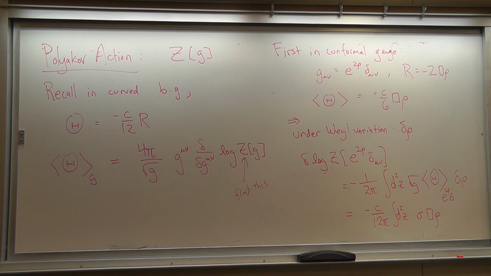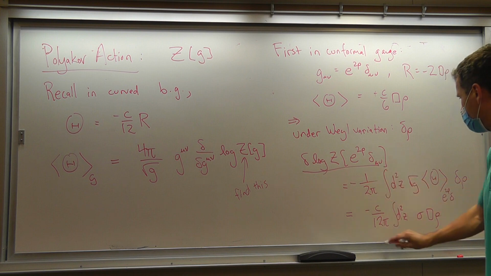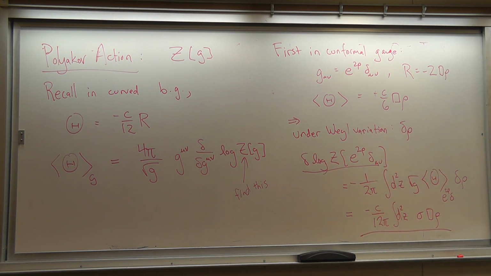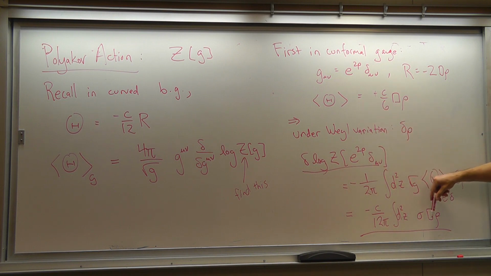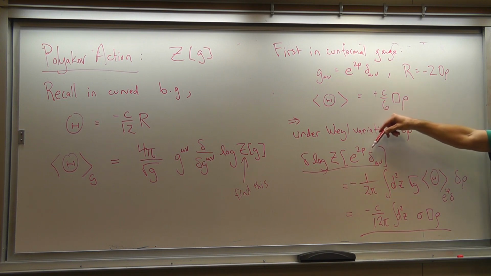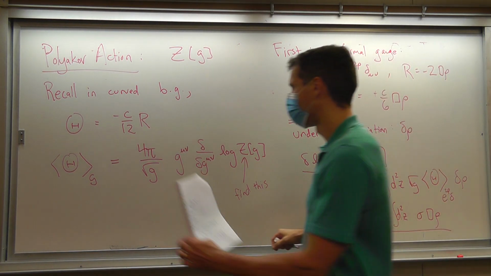We're going to end up with the right answer, so I think that means this has to be minus. Okay, so now we have just rewritten the anomaly equation as a differential equation for Z in conformal gauge. That's what this says.